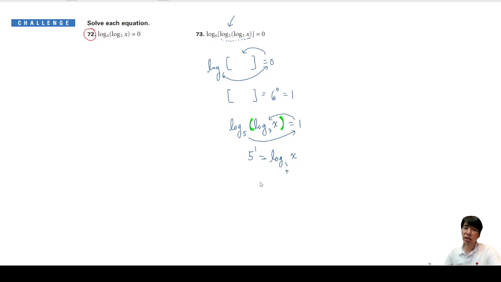So take this base 3 to the power of 5, and if you raise it to the power of 5, you get x. So x is 3 to the power of 5. Calculate this number. 3 to the 4th times 3. 3 to the 4th is 9 times 9, so that's 81, times 3, so that's 243. This is going to be your final answer.